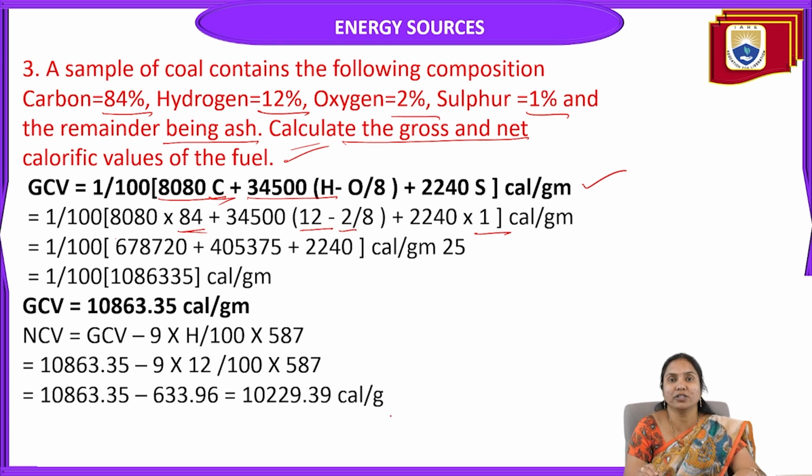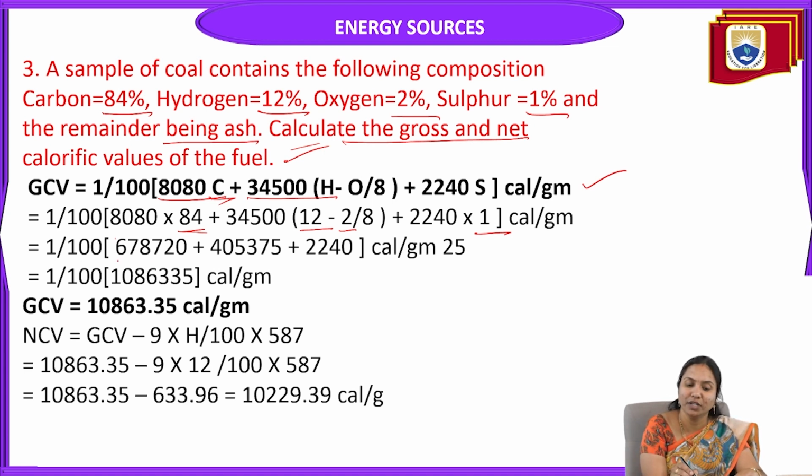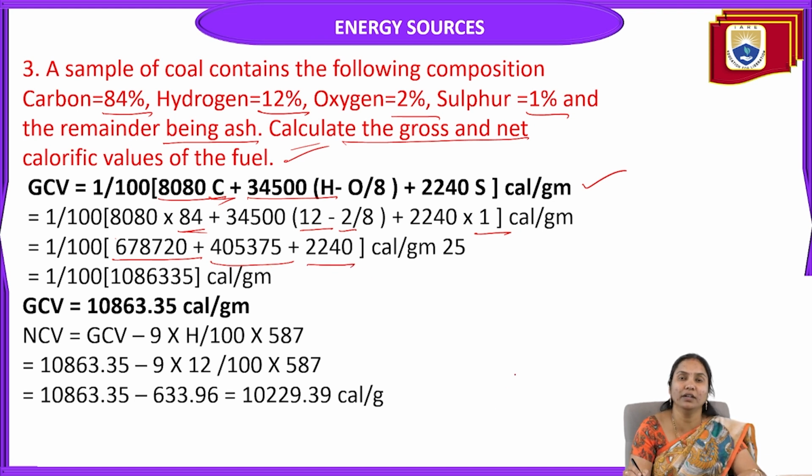After multiplication, I'll get 1 by 100 into 6,78,720 plus 4,05,375 plus 2,240 calorie per gram. After addition, we'll get 1 by 100 into 10,86,335 calorie per gram.